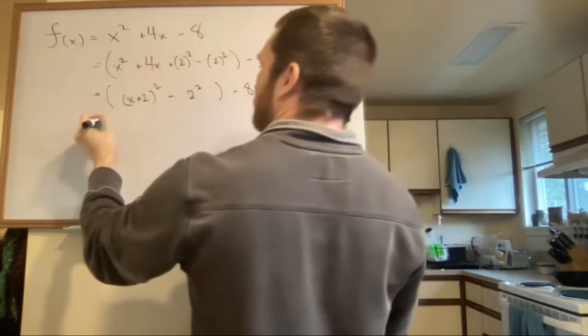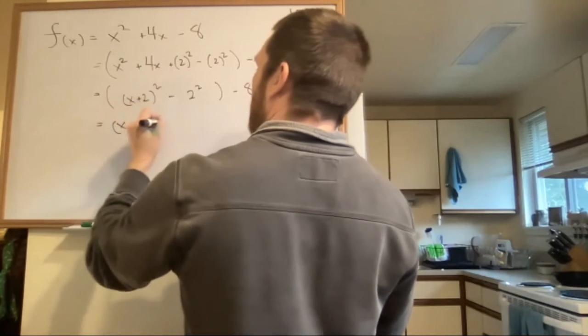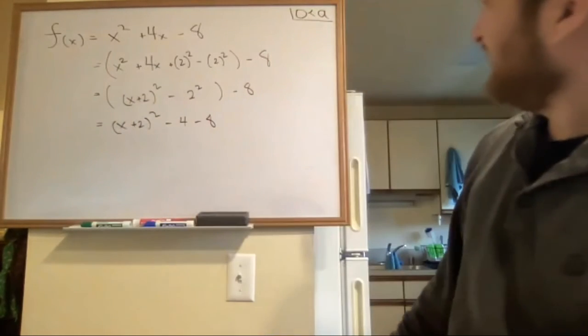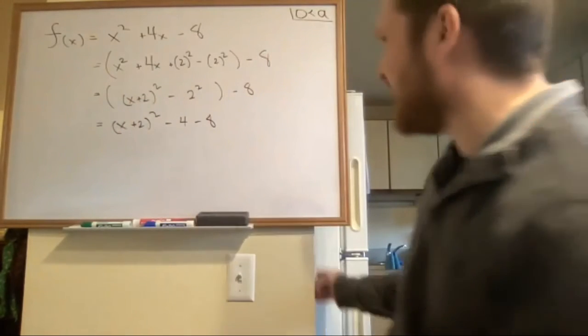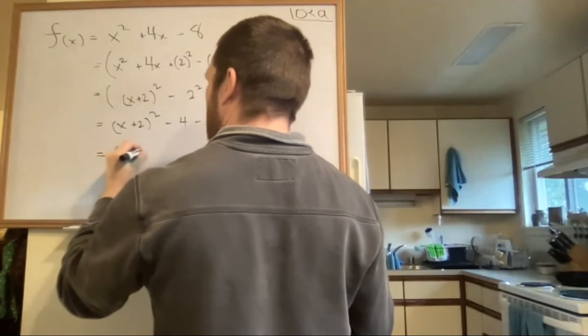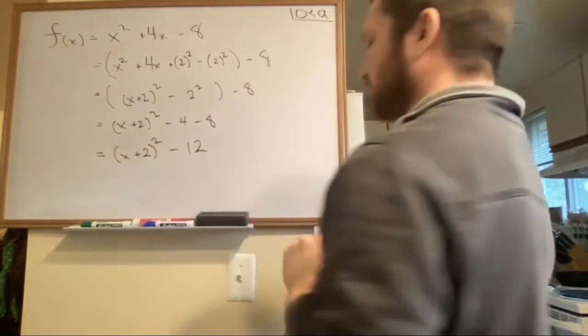That's 8. Equals x plus 2 squared minus 4 minus 8. Yeah, minus 4 minus 8. And so you're going to say, okay, x plus 2 squared minus 12.